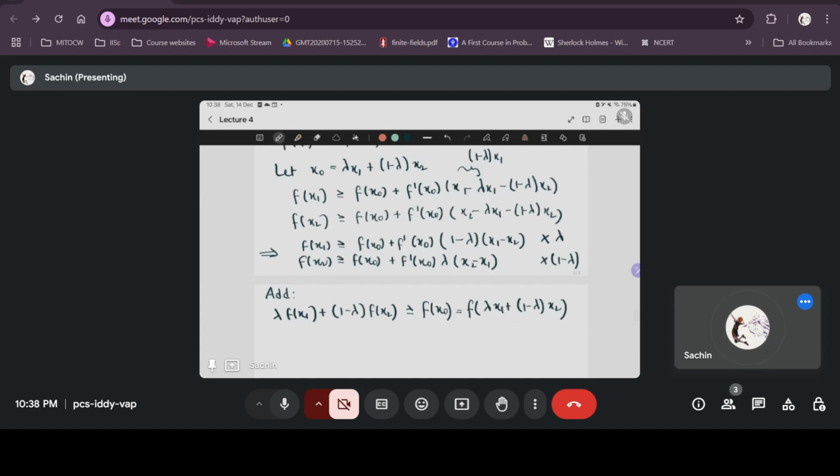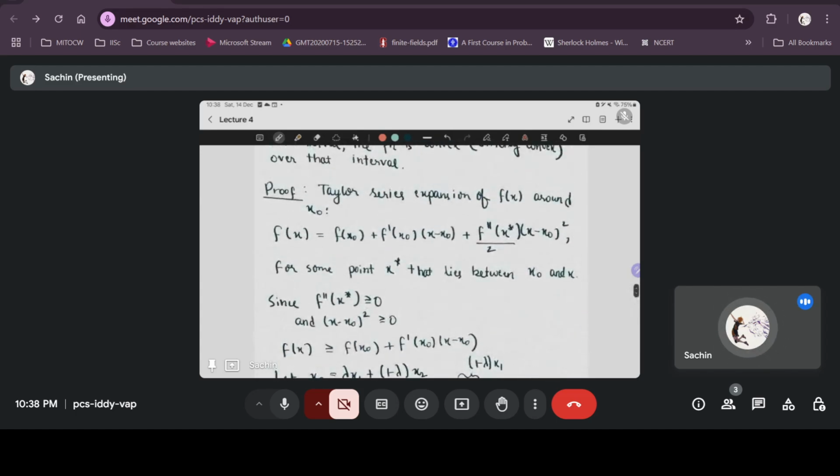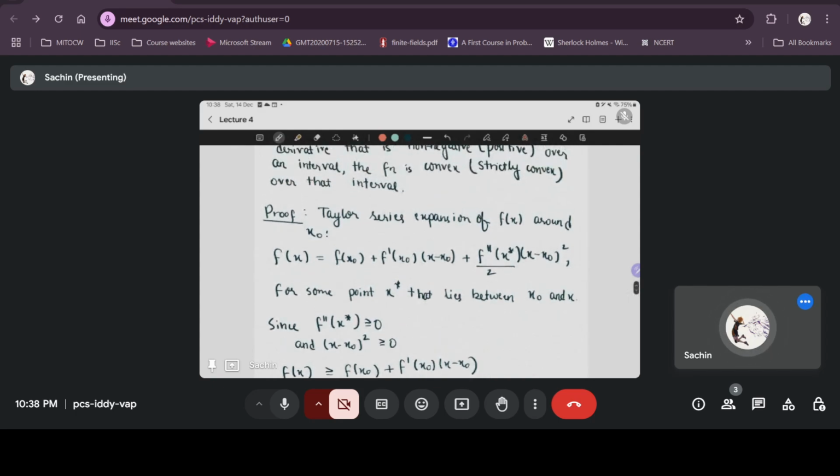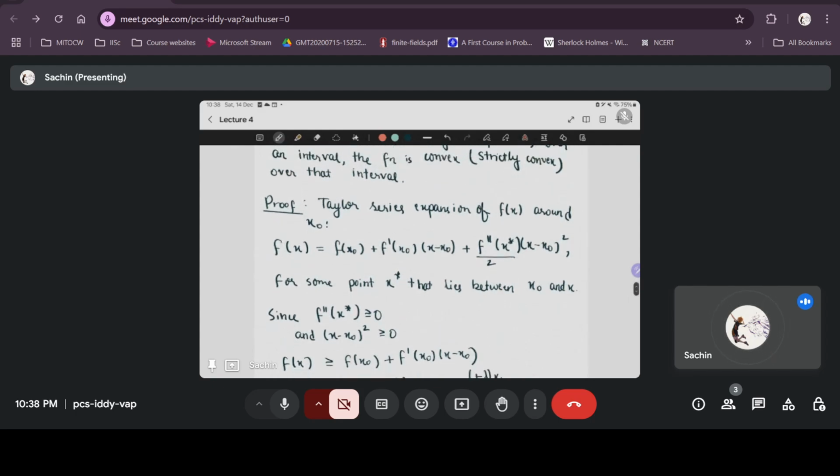So if f double prime of x is greater than or equal to 0, then the third term in the Taylor series expansion will be a positive term.